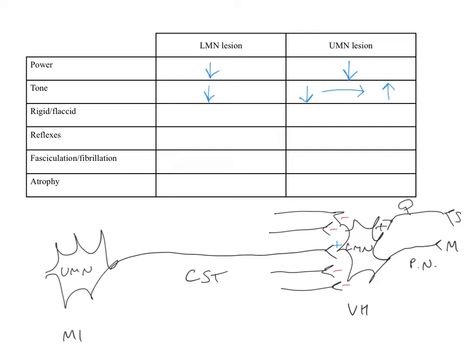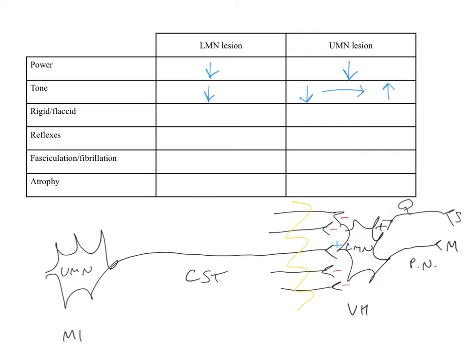Now, if you damage or destroy the corticospinal pathways or damage the upper motor neurons, what you have done is you have deprived the lower motor neuron of its inhibition, and you have taken the brakes off of the lower motor neuron. And what is still present, however, are these excitatory inputs coming from the afferent sensory neurons.